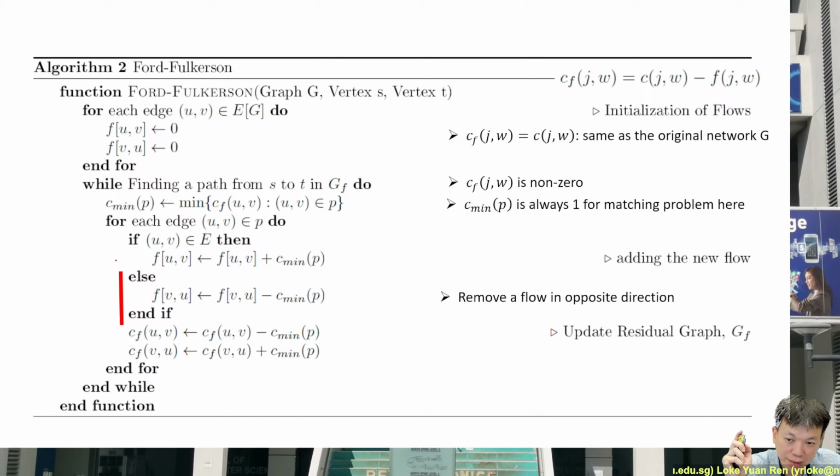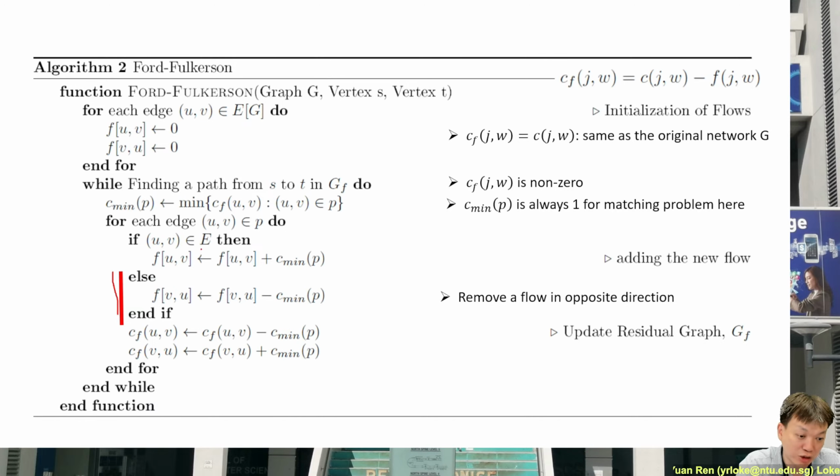So this is the step in the algorithm here. When you find a path, they will check if UV is an edge, then they will add. But if there is no edge between VU, then they will remove a flow in the opposite direction.